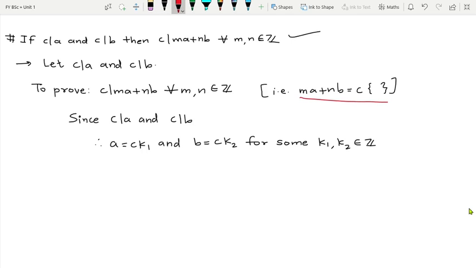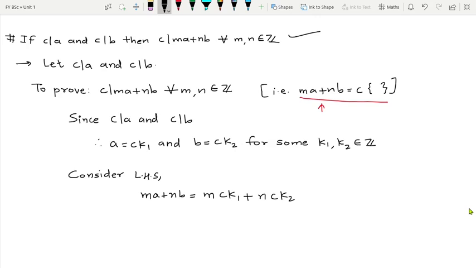Now in order to prove MA plus NB is equal to C multiplied by some integer, I will consider the left hand side. So consider LHS, that is MA plus NB. Now just put the values of A and B and you are through. So M multiplied by, what is my A? It is CK1, plus, and what is my B?